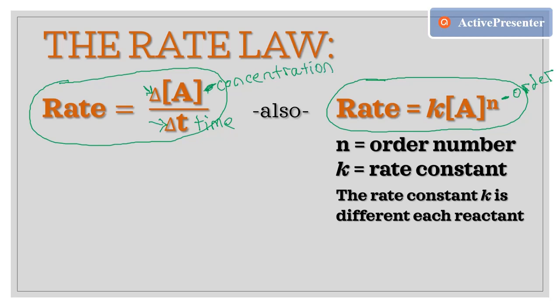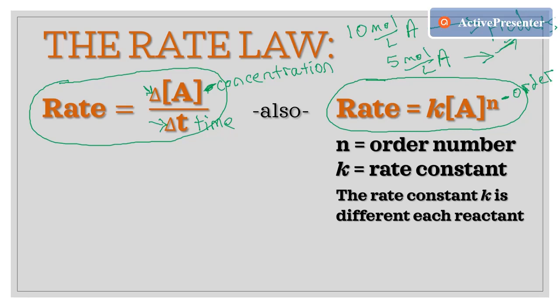Because if you start out with 10 moles per liter of A and you make products with some of it, and you're left with 5 moles per liter of A because the other 5 got used up making the products.